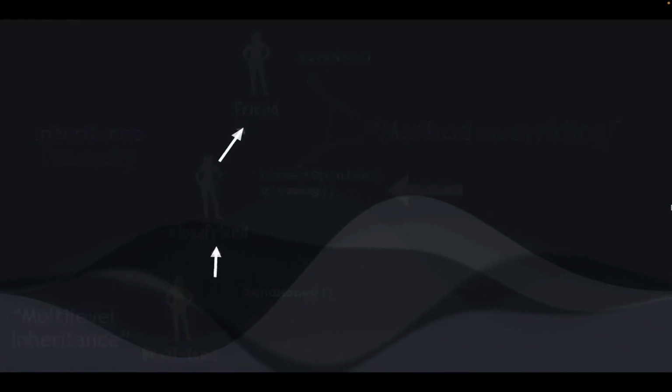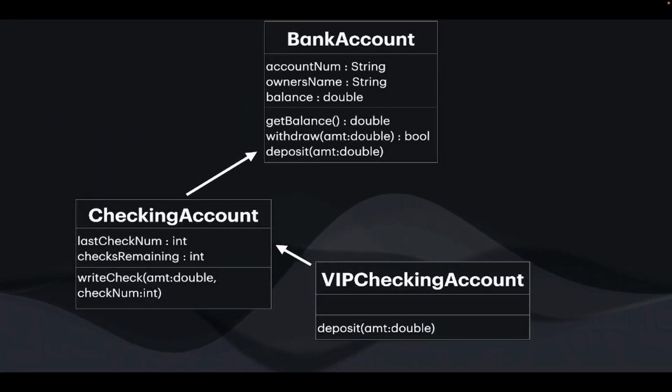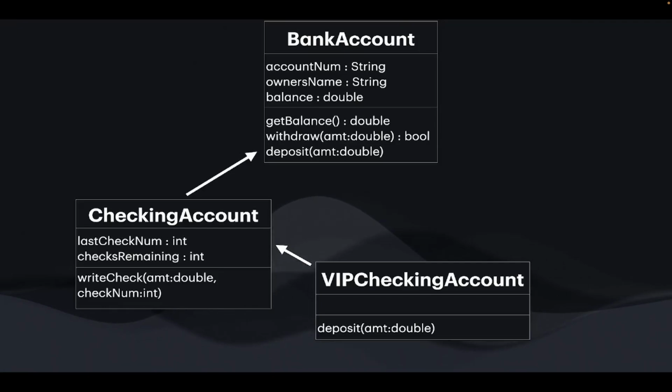Here's an example that we have used in previous videos. It's a bank account superclass, and then we have implemented a checking account. We also implemented a savings account that's not shown here. What we want to add right now is a VIP checking account so that we have that idea of multi-level inheritance, right?